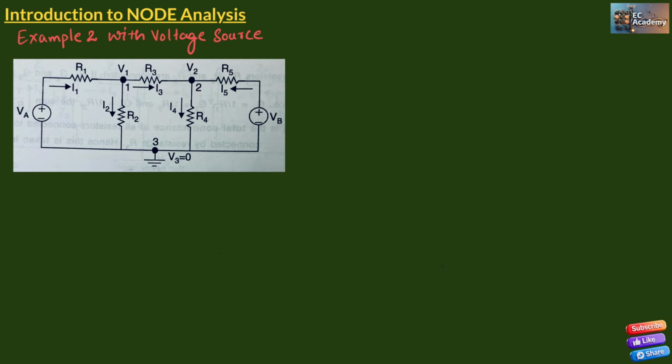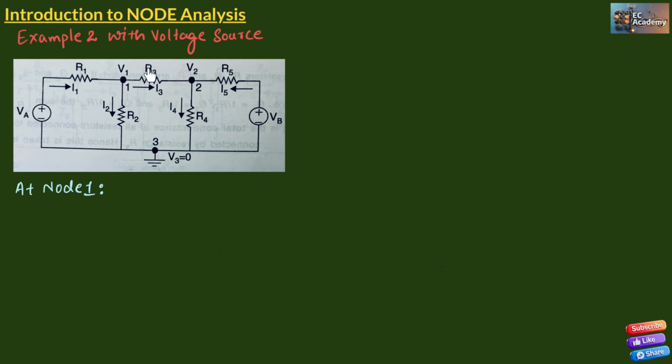Now at node 1, with respect to V1, we can write the equation for each current. For I1, we can write V1 minus VA divided by R1. For I2, we can write V1 divided by R2. And for I3, we can write V1 minus V2 divided by R3.